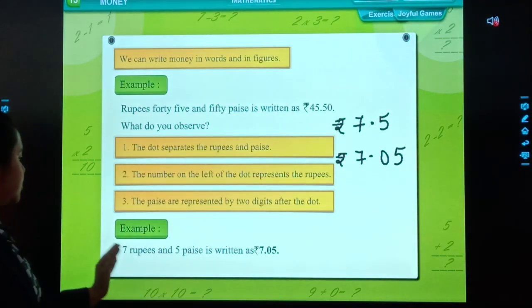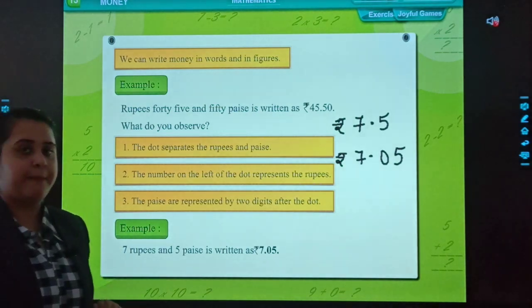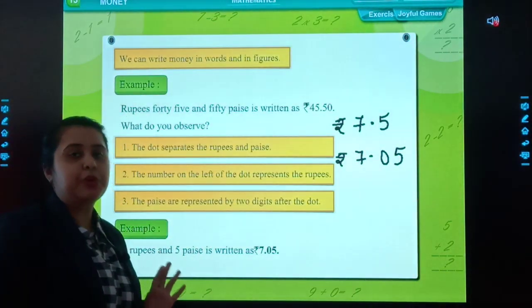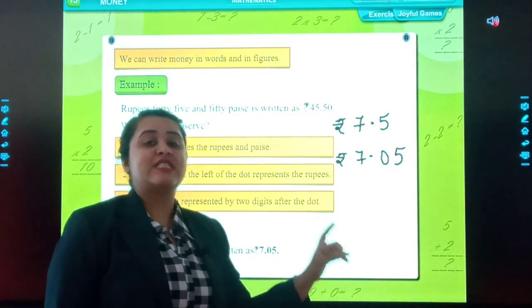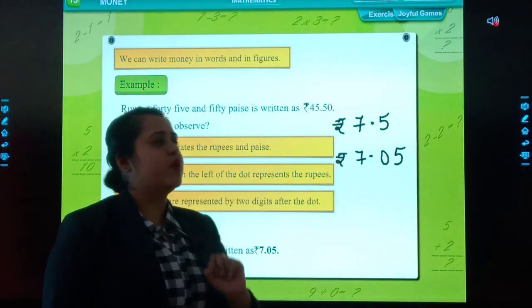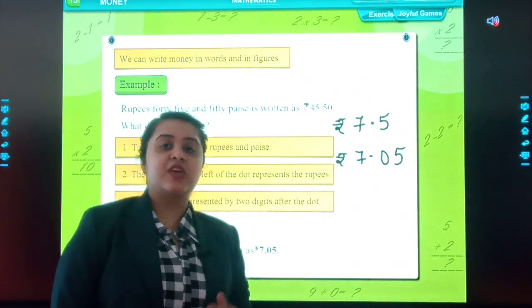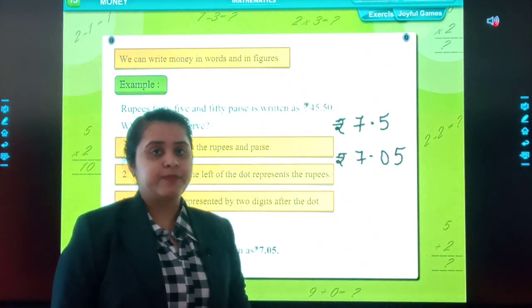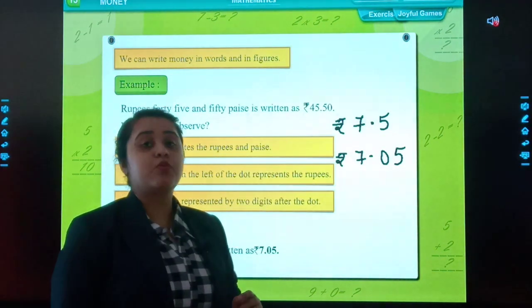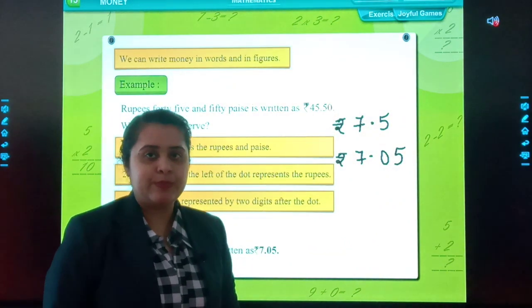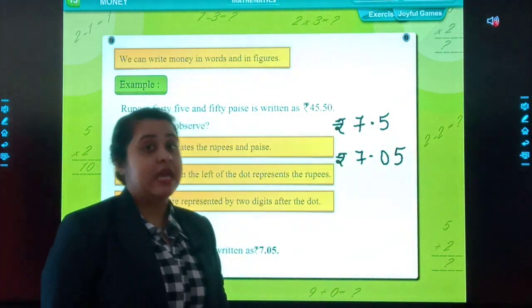As per my question, 7 rupees and 5 paisa. Okay, this is the question you have to write in numerical form. 7 rupees and 5 paisa. Which one you will select? First one or the second one? Take your time to think. Why first one you will not select? Yes.